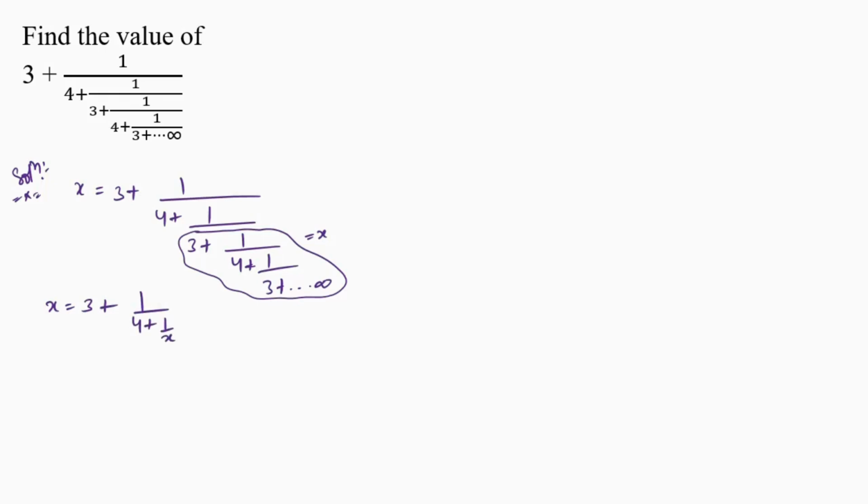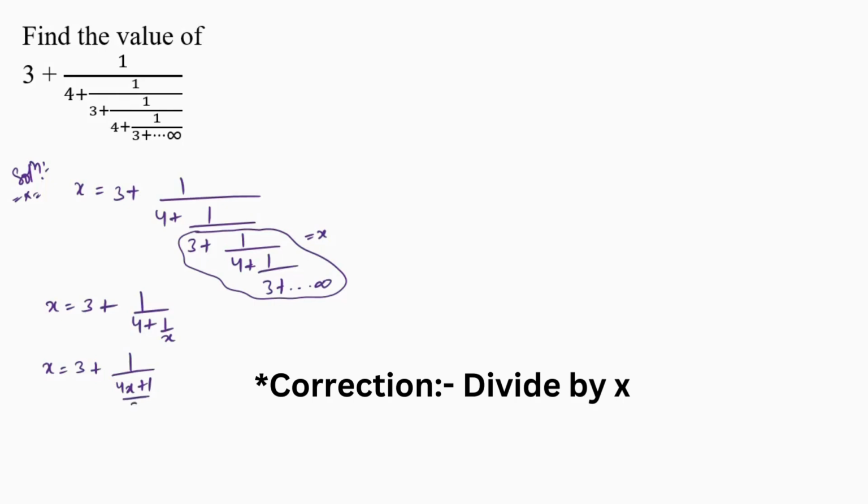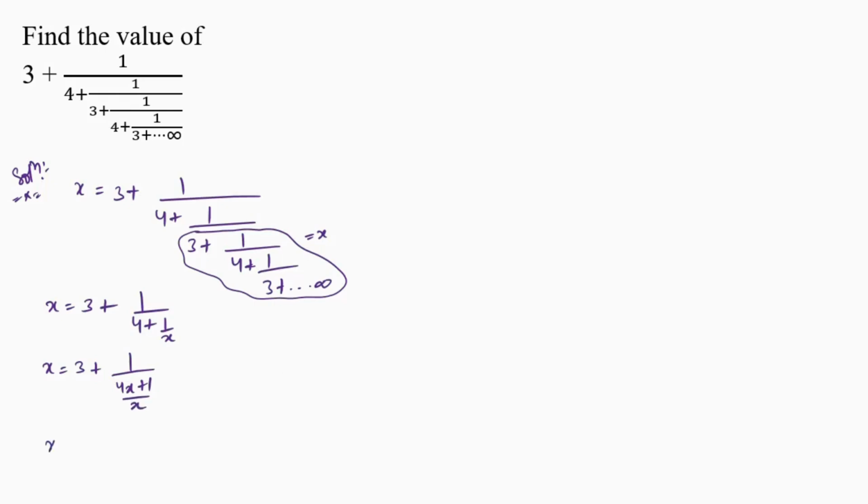Now let's take the LCM. We get x equals 3 plus 1 over (4x plus 1) divided by x. And further solving this, we get 3 plus x over 4x plus 1. Now again take the LCM.